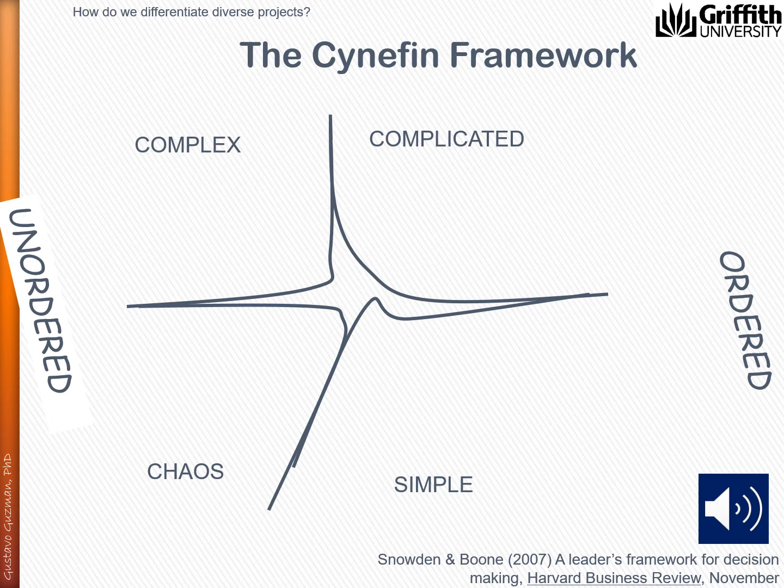Depending on whether your project is in the ordered domain or in the unordered domain, you will need to use different tools and different methodologies in order to account for the level of complexity associated with each domain.